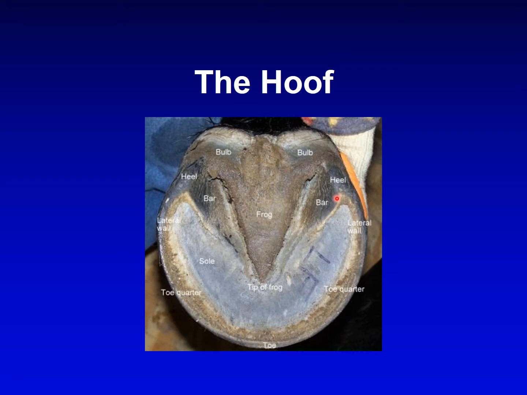And we have the wall, which has the toe, the quarters, and the heels, and we have the sole.